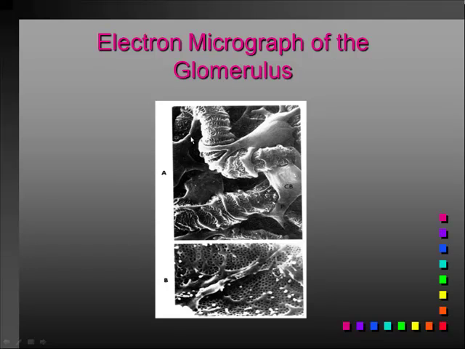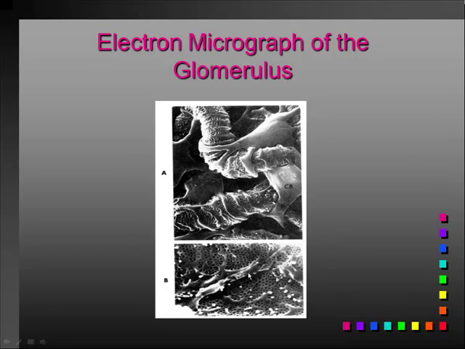But you can see it wraps around in finger-like projections, and from those there are other projections that interdigitate right along the glomerular capillary. It's believed that this serves a very important function for selectively filtering what needs to be filtered and what doesn't.